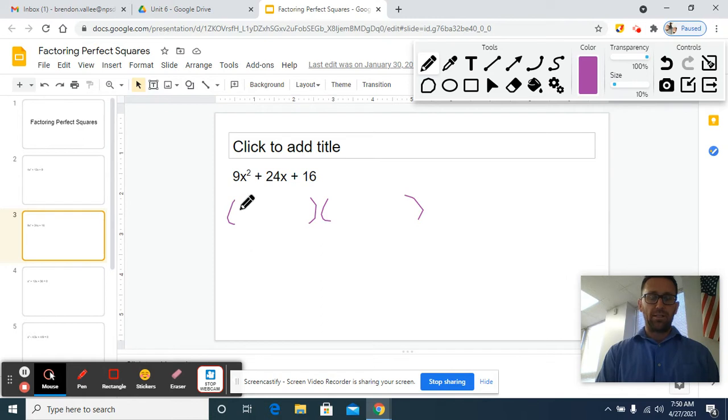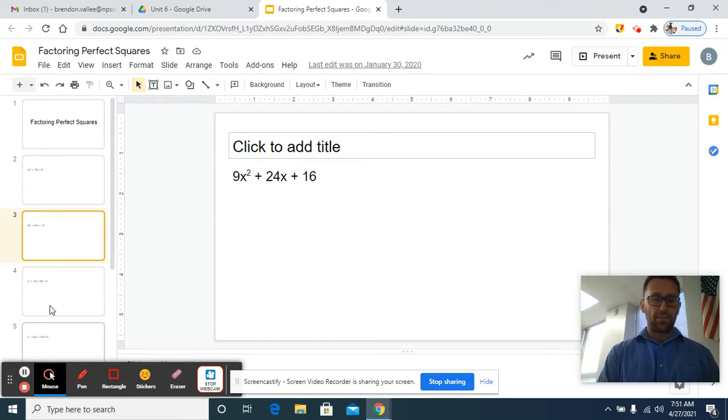The square root of 9 is 3, and the square root of 16 is 4. And both of these are pluses, so there's going to be plus plus. Now, you gotta distribute and check your answer to make sure that you end up getting 24 as your middle term, or else maybe it won't work. Okay.